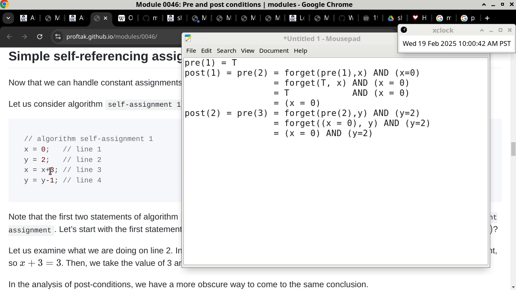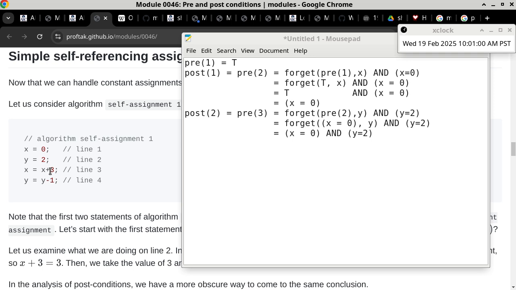Let's say after line 3, we know x has a value of 46. We don't care about y at this point because we're focusing on x. Line 3 is still the same as what you see on the board: x gets x plus 3.